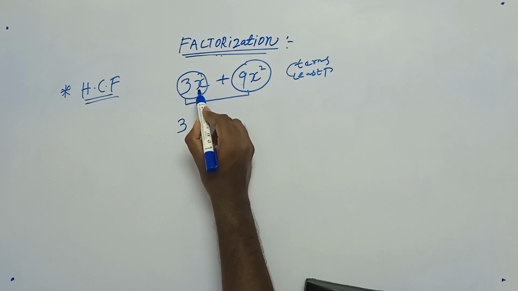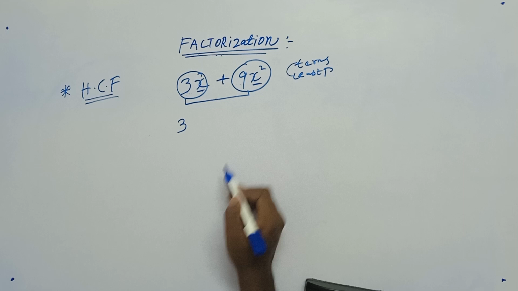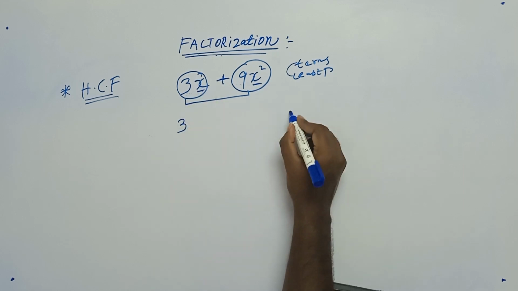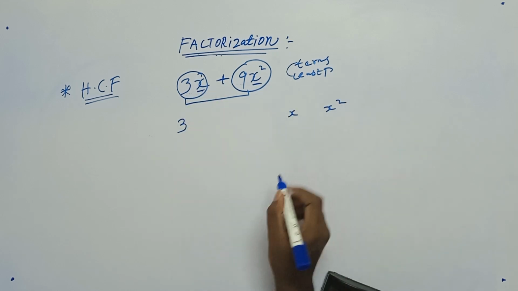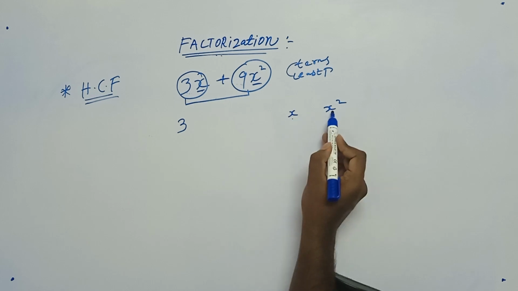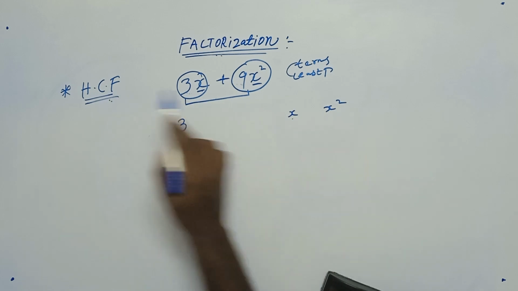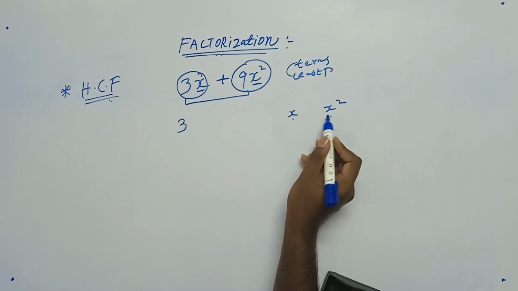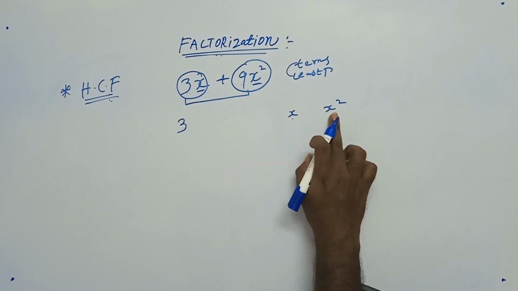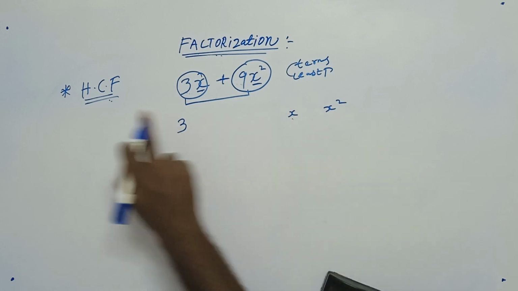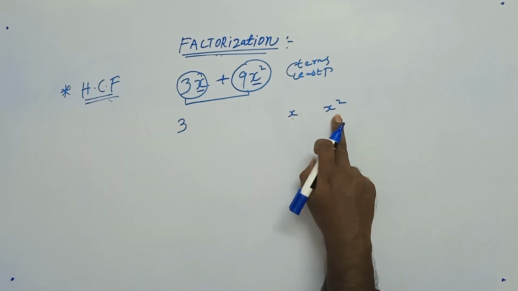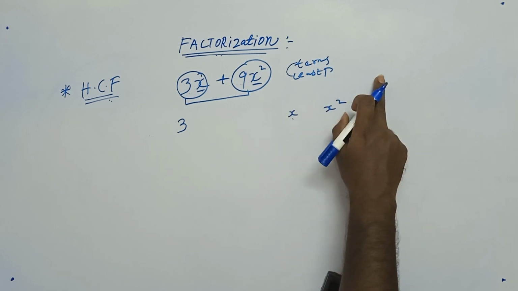And here, in this term we have x, and in this term we have x square. Now I am going to compare x and x square by their HCF, so I will find the HCF of x and x square. What is the HCF of x and x square? It is nothing but the least power of the variable.